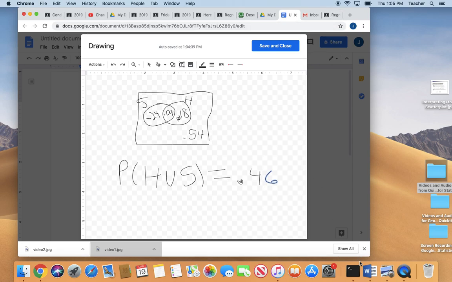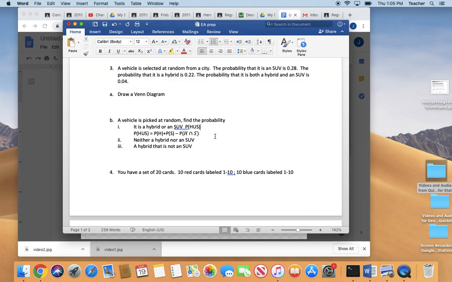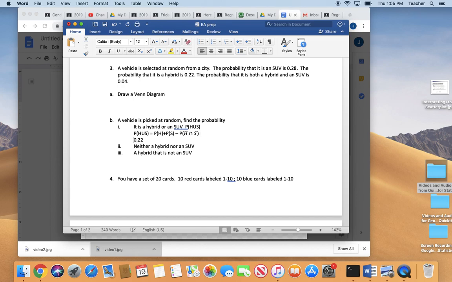So if I come back here and I put that in, the probability of H in my information up here was 0.22. I put that in over here, 0.22. And the probability of S was 0.28, so 0.28, minus the probability of both, which is 0.04.